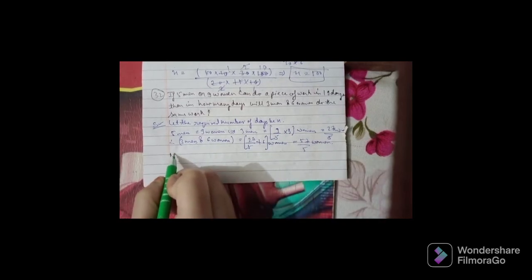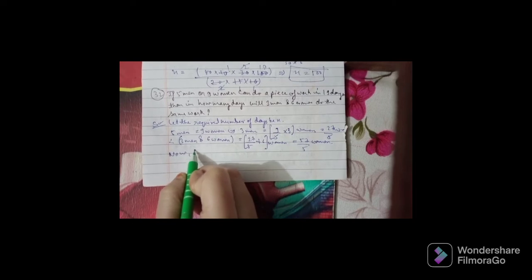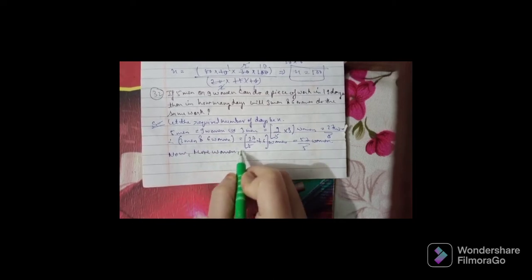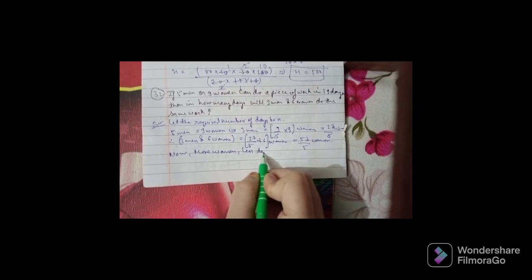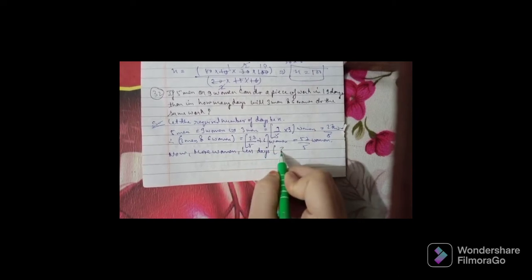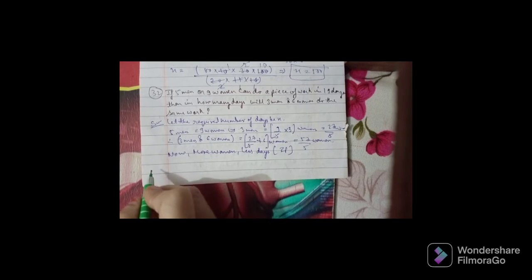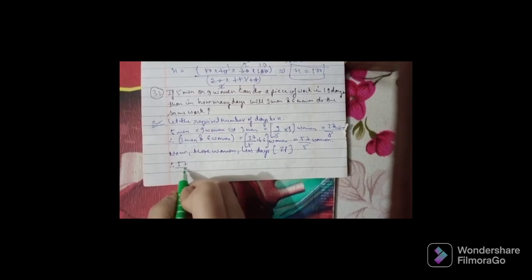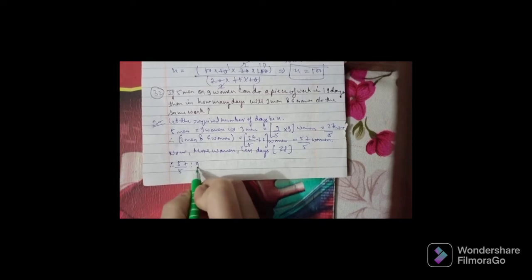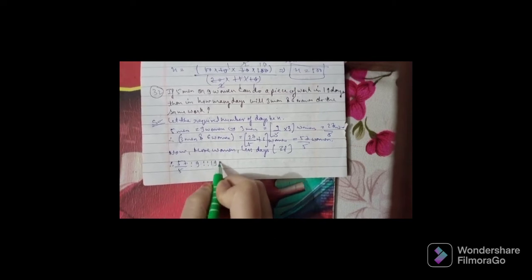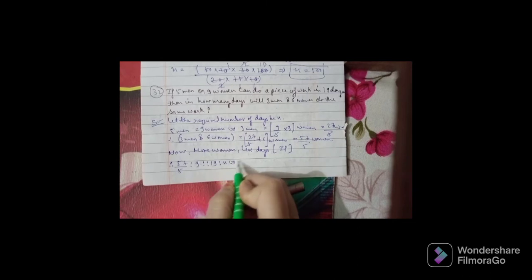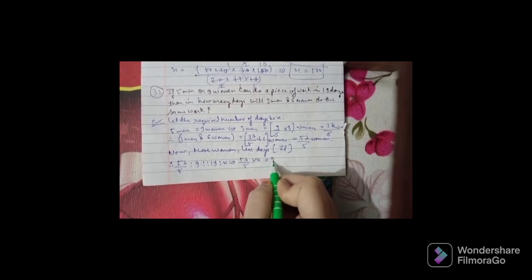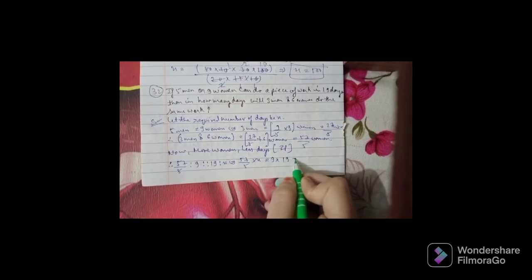Now more women, less days, in indirect proportion. 57 upon 5 ratio 9, 19 ratio x, which is 57 upon 5 into x equals 9 into 19.